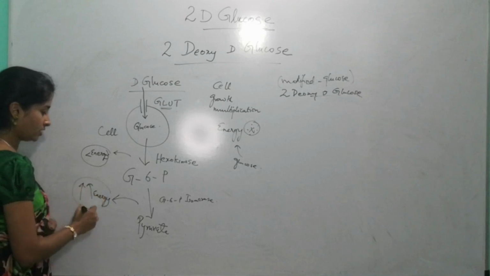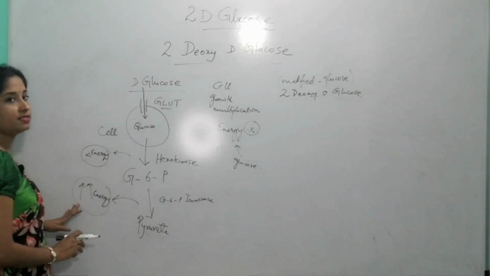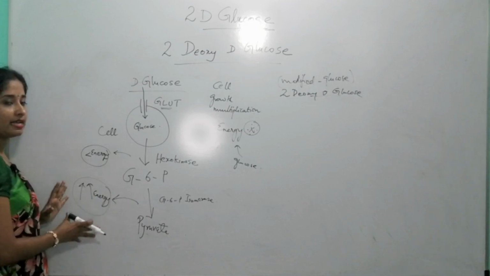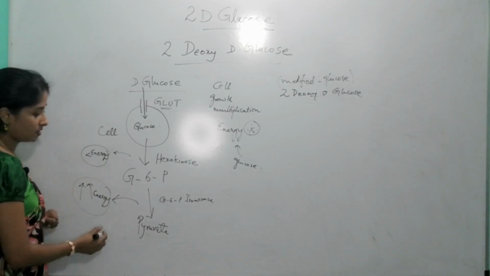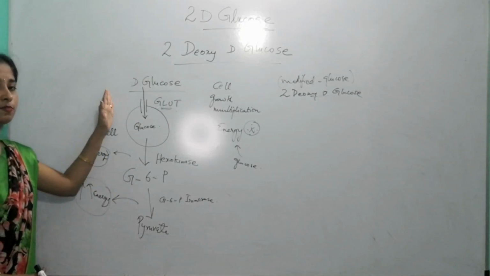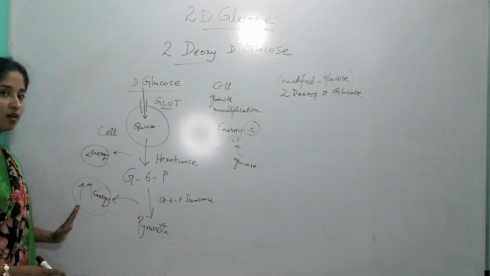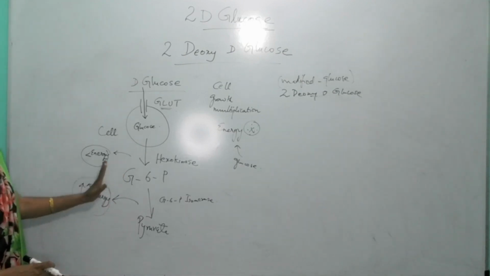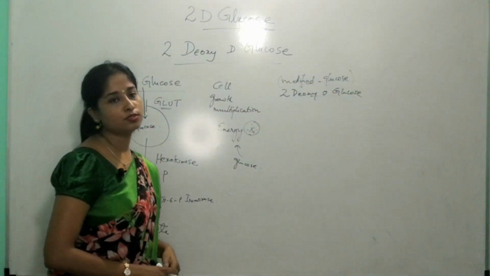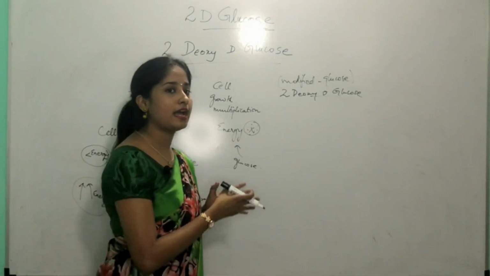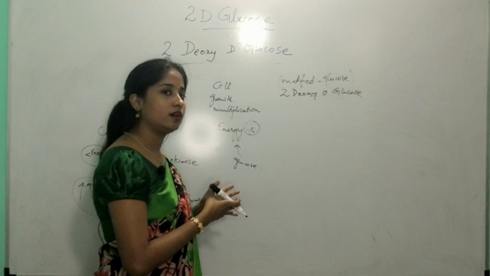This energy is utilized by the cell for growth and multiplication, as well as for cell survival. So this is the process of how the glucose has been converted into energy, and how this energy has been used for cell survival. Let's see how this modified form of glucose, that is 2-deoxy D glucose, enters the cell and how far it's going to act on the cell.